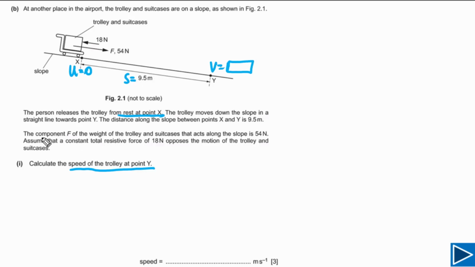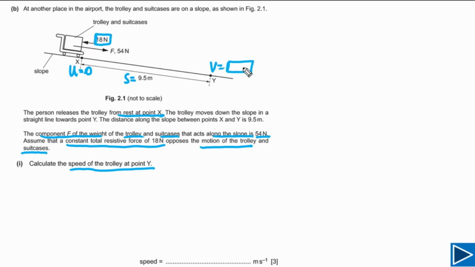The question also tells us the component of the weight of the trolley and suitcases that acts along the slope is equal to 54 newtons. We can also assume that a constant total resistive force of 18 newtons opposes the motion of the trolley and suitcases.